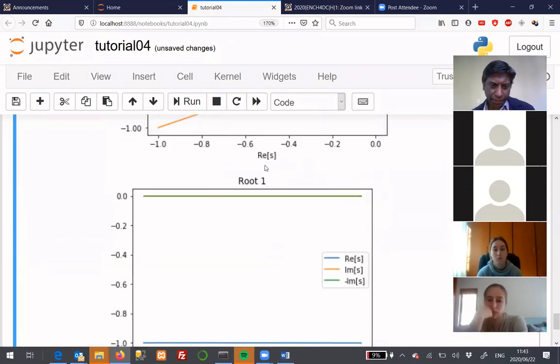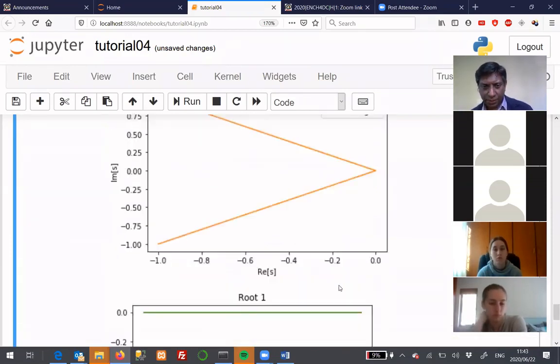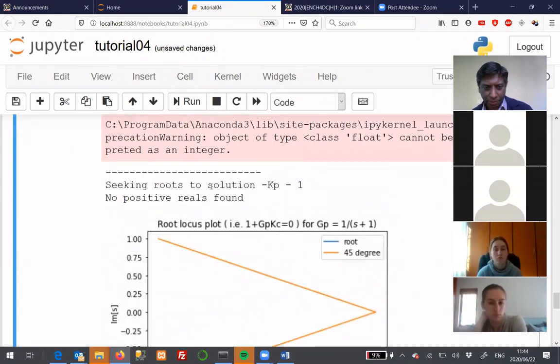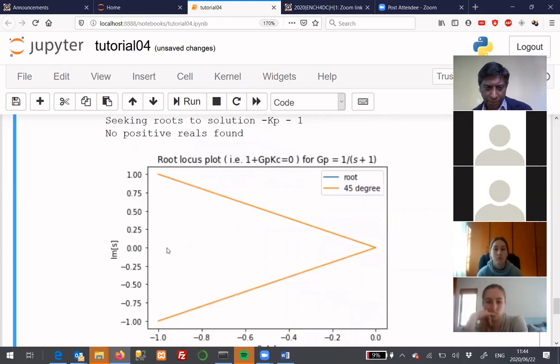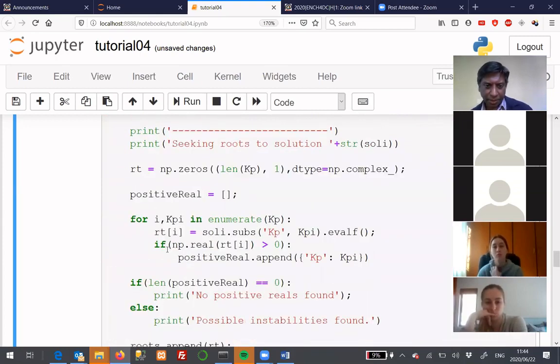If you plot that, you can see that our root is starting, well, we can't even see the roots. So if Kp is 0, then it's minus 1. We can see that directly. We start at minus 1. So the root starts somewhere here, and it starts at minus 1.